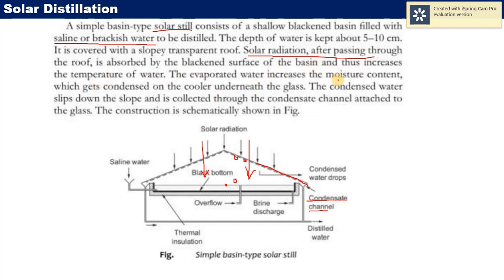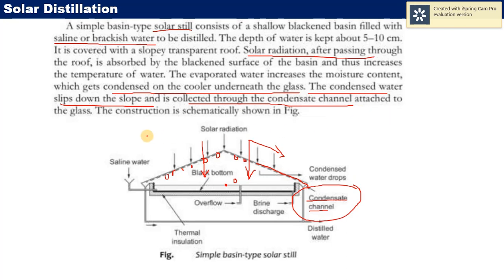The evaporated water increases the moisture content, which condenses on the cooler underside of the glass. The condensed water then slips down the slope and is collected in the condensate channel attached to the glass. So this is the simple construction used for solar distillation.